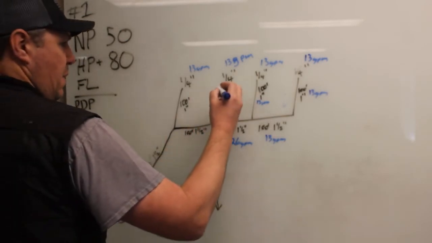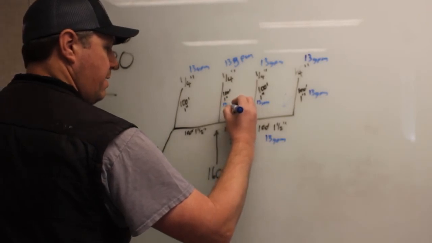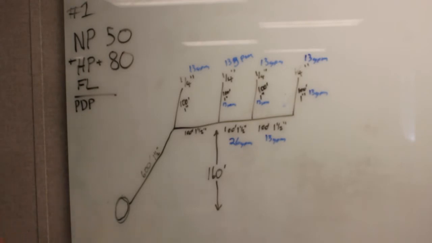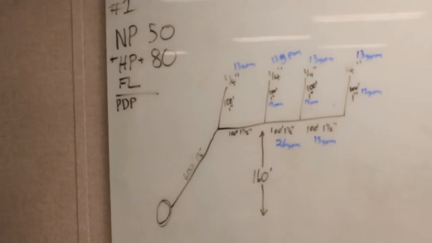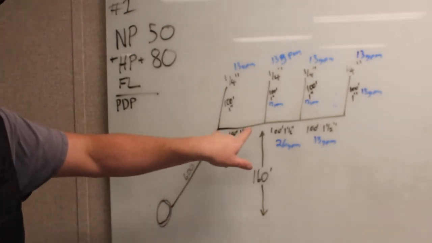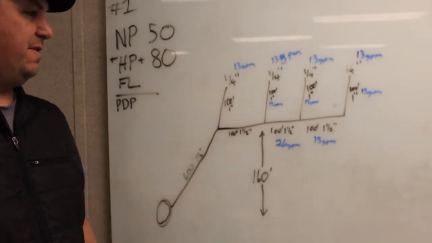So if I look at this next lat, it's again going to be 13, just like the tip, because it's feeding the tip. I come back to this piece of 1.5 hose. How much volume is flowing through this piece of 1.5 hose?